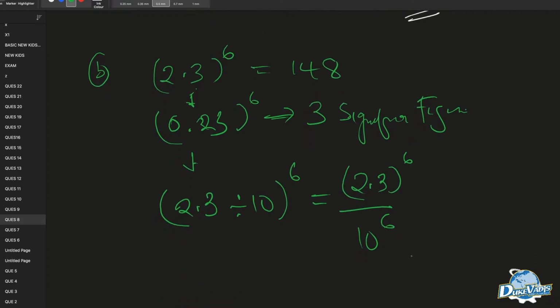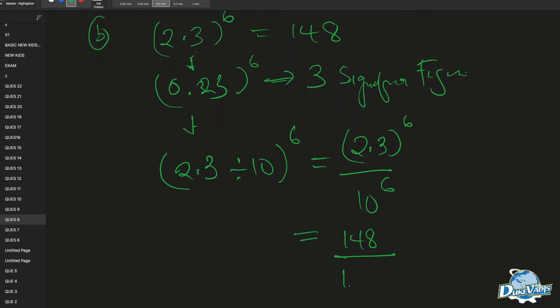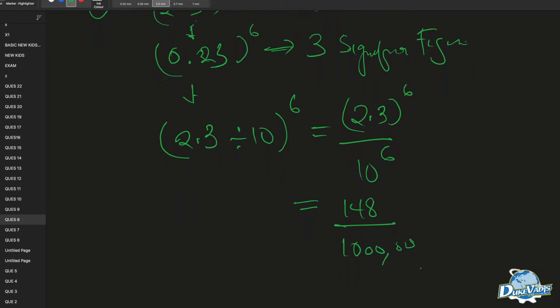When we compute that, we get 2 raised to the power 3 will be 148, as we're given up there, divided by 1000.